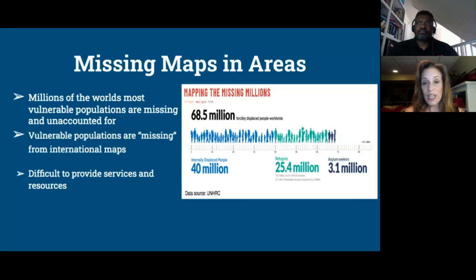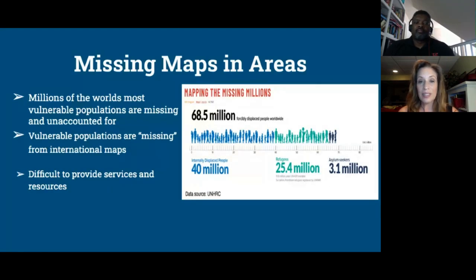And if they're not mapped, it's very difficult to provide services and resources to those people that probably need it the most. I think that's something a lot of students aren't really aware of. This is one way to get them to think about how many people are not mapped and how many people need to get mapped so that they can get the resources and services they need to live a quality of life.